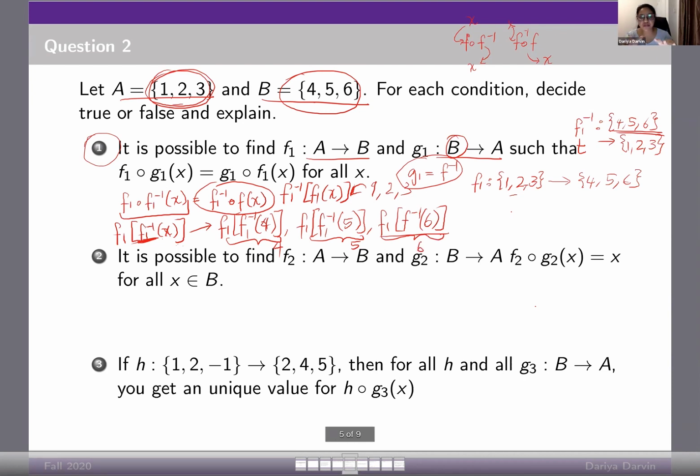So if you give an input, I get the same number back as an output. If I give in 1, I'll get 1 back as output. If I give in 2, I'll get 2 back. 3, I'll get 3 back. So the formula, in the sense of what the machine does, is the same. You give in x, I get back x. But which x am I allowed to give in is different because the domain of the function is different.